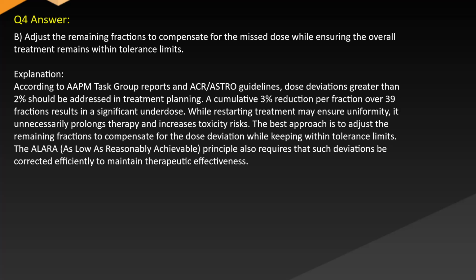A cumulative 3% reduction per fraction over 39 fractions results in a significant underdose, while restarting treatment for uniformity unnecessarily prolongs therapy and increases toxicity risks. The best approach is to adjust the remaining fractions to compensate for the dose deviation while keeping within tolerance limits. The ALARA, as low as reasonably achievable, principle also requires that such deviations be corrected efficiently to maintain therapeutic effectiveness.